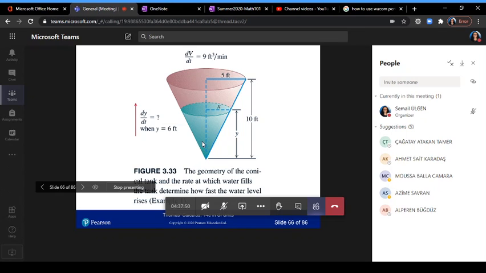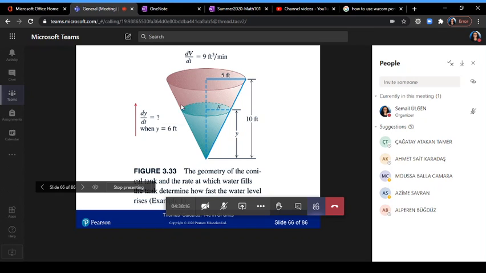Okay, we are going to do some geometry here, and we will use the volume of a cone. Volume of a cone is base area times height over 3. Base area is pi r squared. So this is the water level, right?